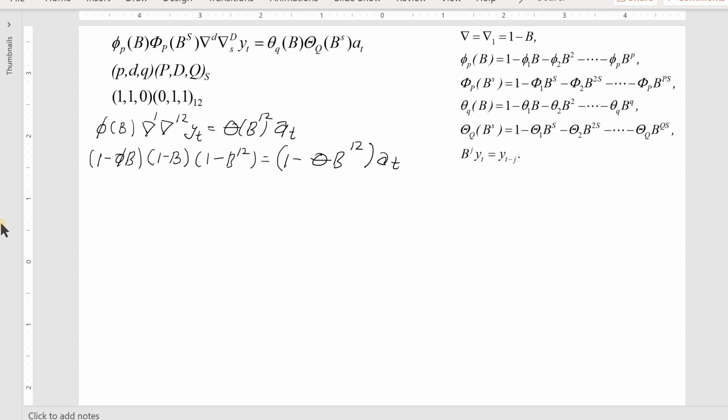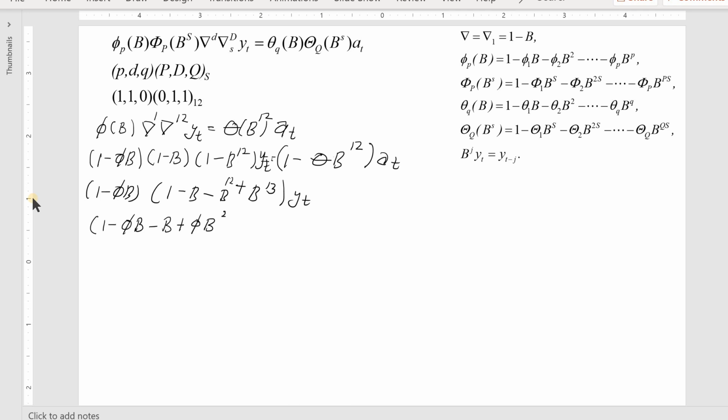This is at, and we multiply this first. I missed out this YT. I multiply with the differencing term first. So this one, 1 minus B, plus B^13 YT. So this one should be B^12, and then we multiply these two terms.